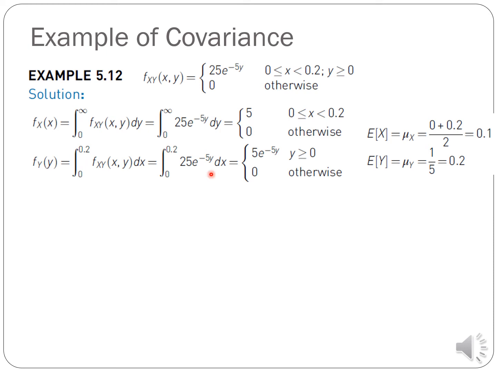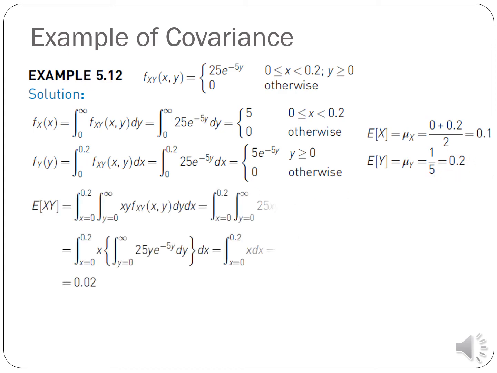Similarly, we can see that y is following exponential distribution. We know that for exponential distribution the expected value is 1 over lambda. Here lambda is equal to 5, so the expected value is 0.2. Now to find the covariance we also need the expected value of xy. This is something new, we did not practice it before.